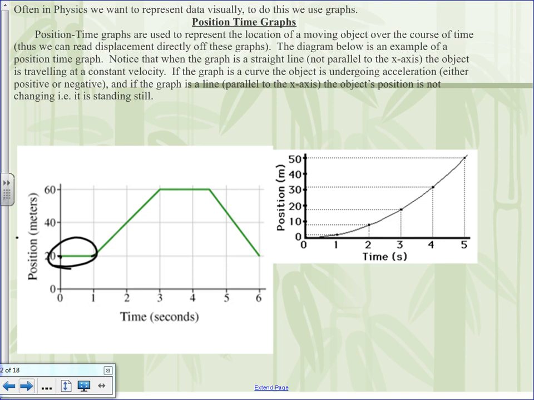So on a graph like this, or on any graph for that matter, a flat line generally indicates that whatever's on the y-axis is not changing. That could mean, if it's a velocity versus time graph, that the object is traveling at a constant velocity and not accelerating. On this graph, it actually means that the object's not moving.